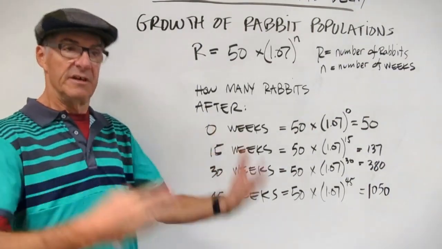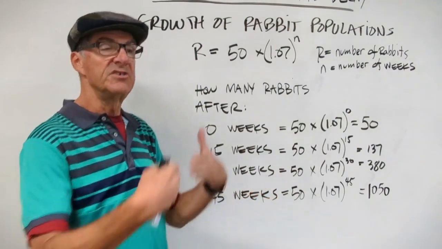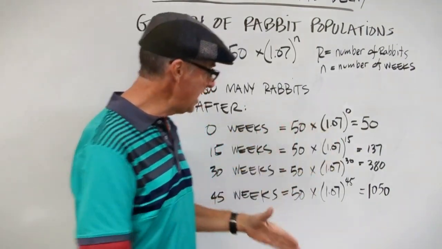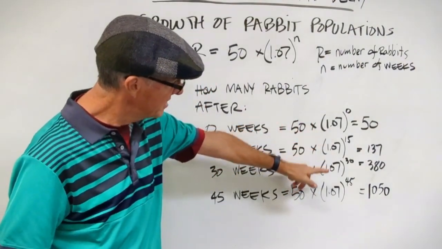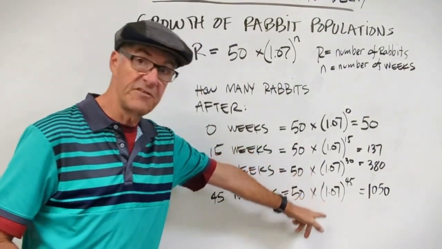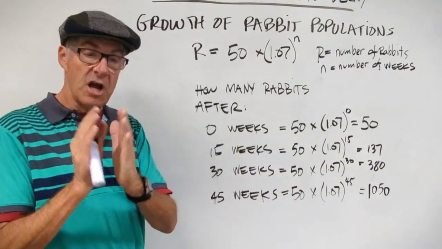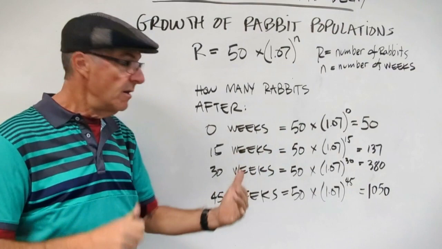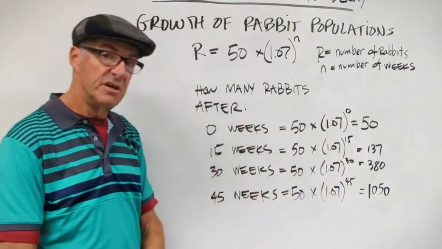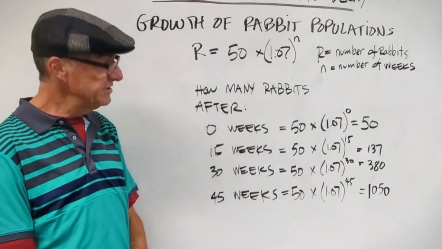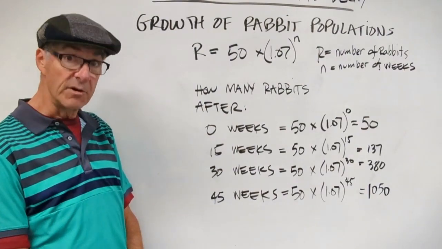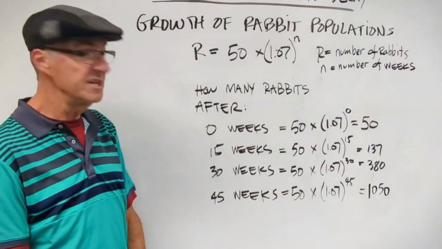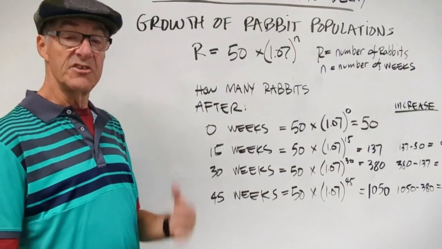Linear growth would be just continuing at the same rate every time step. Notice how this is 15 weeks plus another 15 weeks plus another 15 weeks. So we're looking at constant time intervals, but the growth is exponential. So do a little bit of critical thinking and see if you can show me, even with numbers, how that growth is exponential.